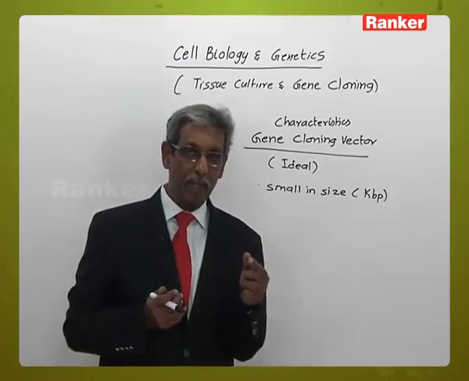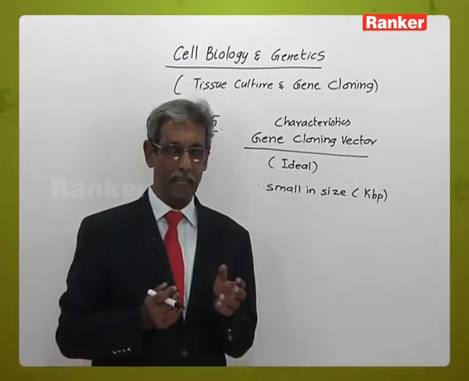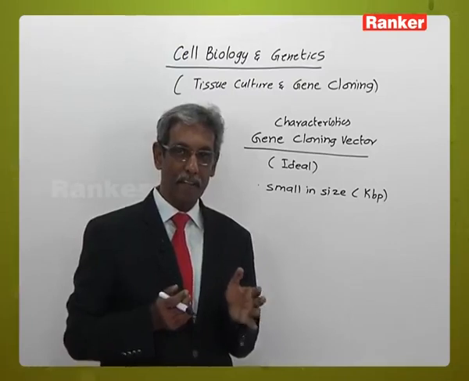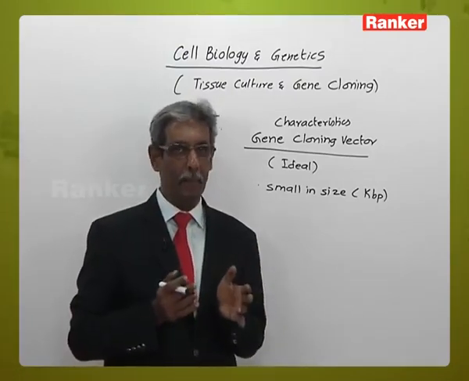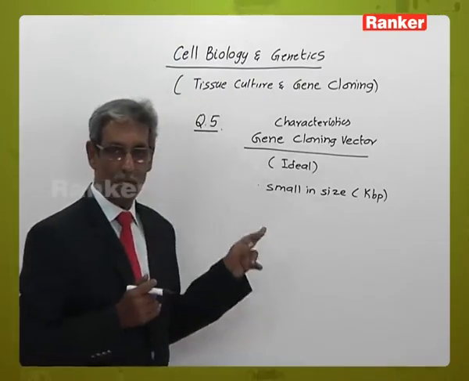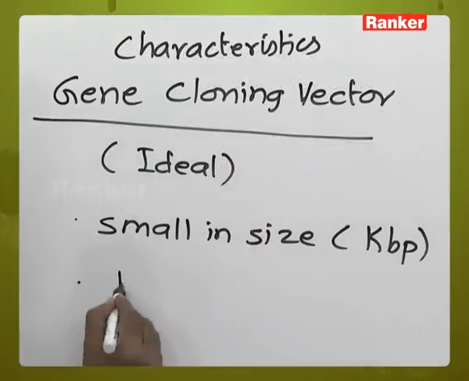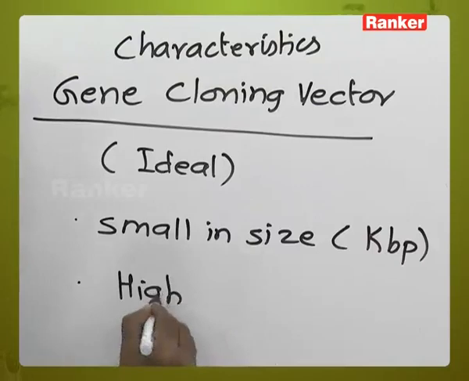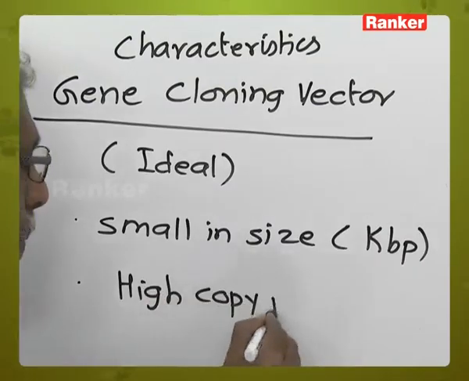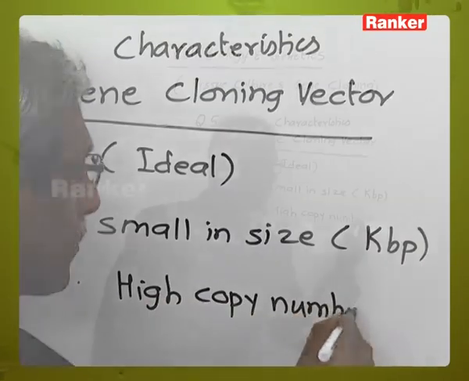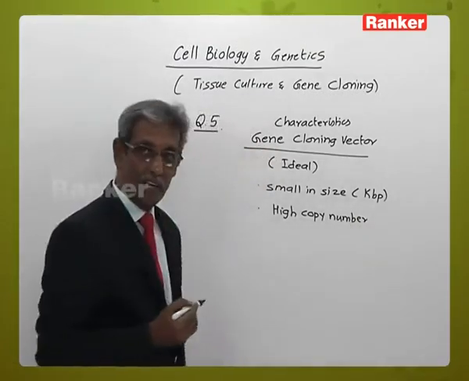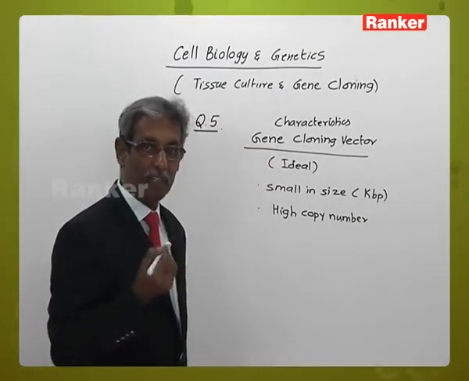The smaller a vector, the easier it is to manipulate, whereas very large vectors are difficult to manipulate. And next, it should have a high copy number. That is, it should be able to make multiple copies of itself.